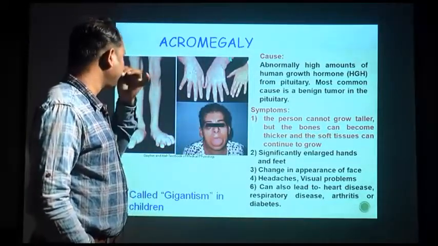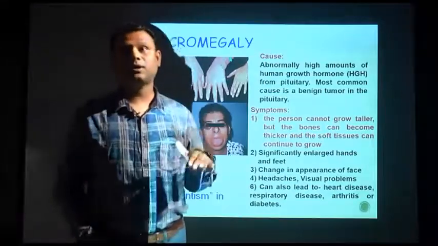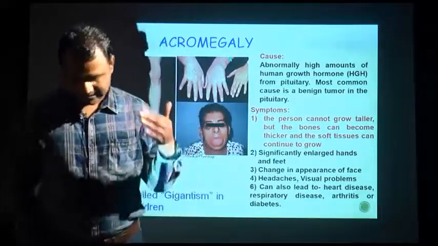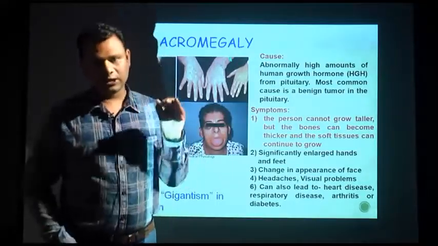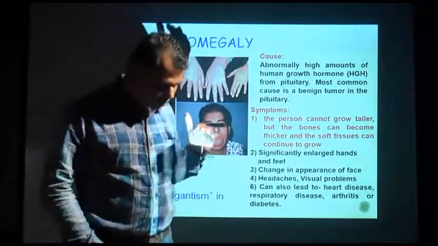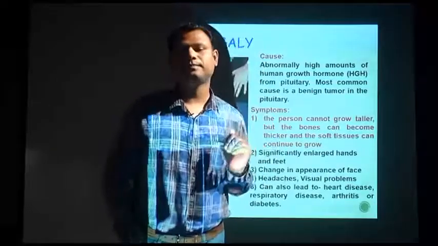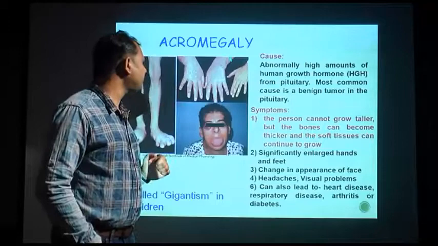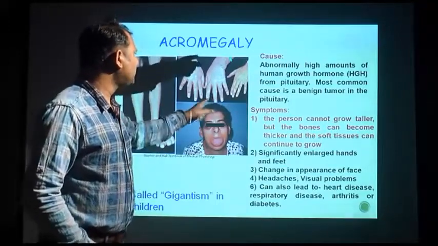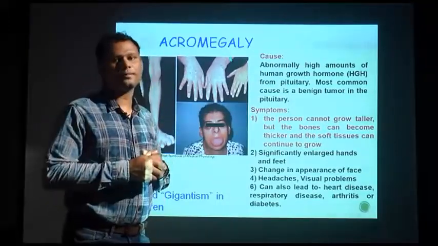Acromegaly happens in an adult, after adolescence is achieved, after the person has matured. If the level of growth hormone suddenly goes up, it can lead to acromegaly. What are the symptoms of acromegaly? The person cannot grow taller.